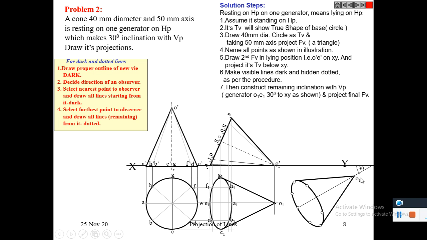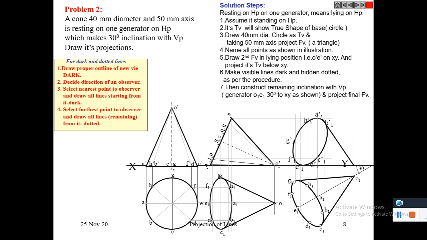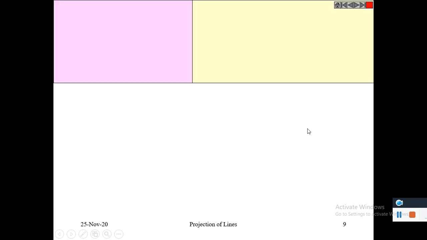This is drawn with an angle 30 degree with the VP, and this view is reproduced here. From this view and this view, we get the front view of it. Corresponding points are drawn and we get the front view.